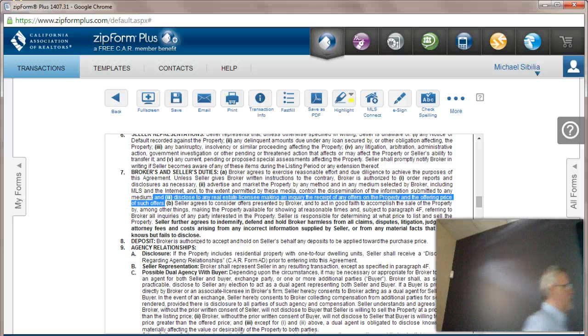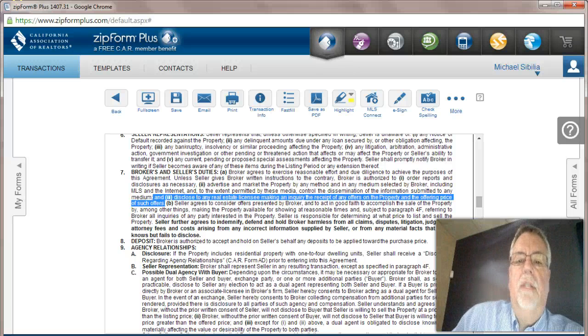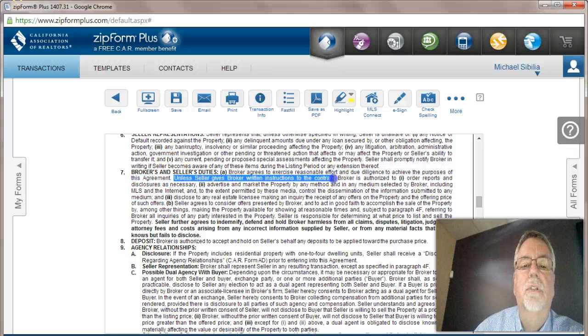Does it say that it is illegal, immoral or unethical for you to tell agents inquiring what the highest offer is? Disclose to any real estate licensee making an inquiry the receipt of any offers on the property and the offering price of such offers. Unless, it says here, unless seller gives broker written instructions to the contrary.